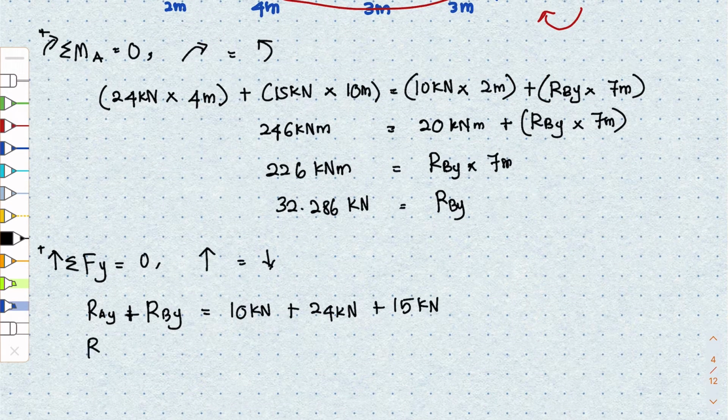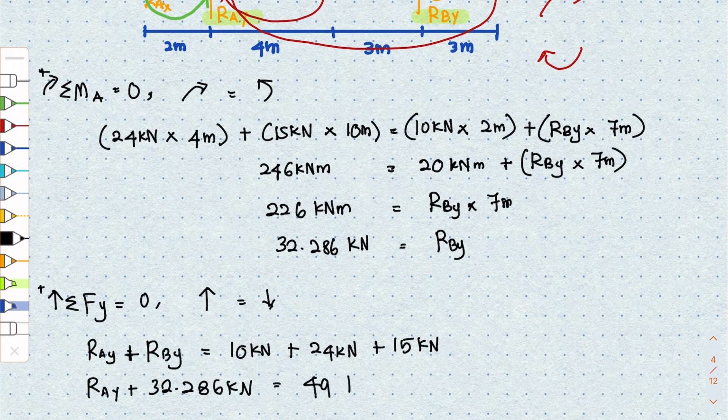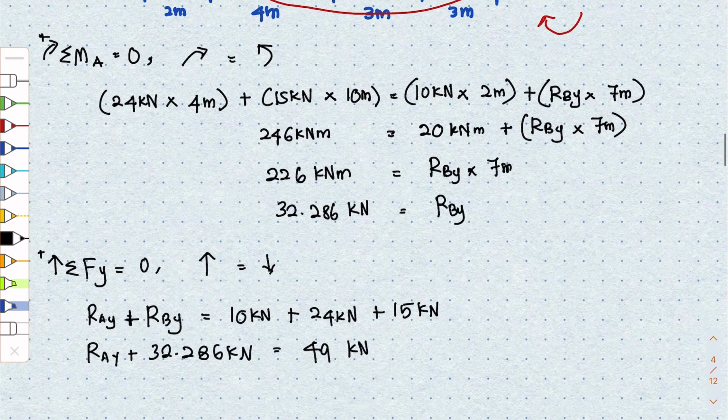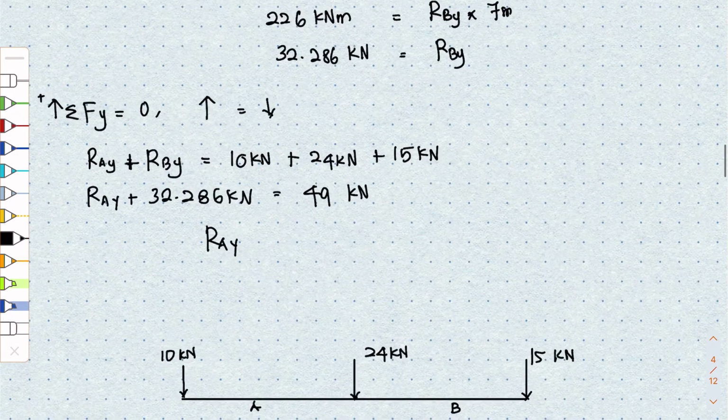Masukkanlah, we already have the value of RBY which is 32.286 kilonewton equal to 49 kilonewton. Next, we will get the value for RAY equal to 16.714 kilonewton.